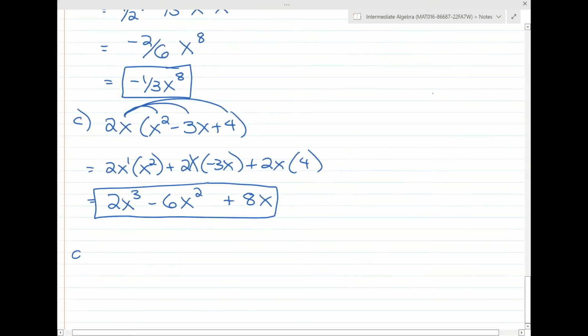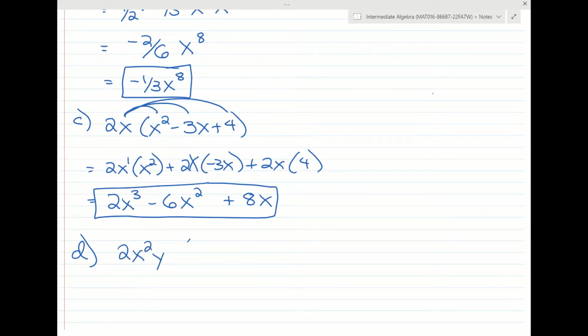Keep doing this here. What if we had 2x squared y times 3x to the third minus 4xy plus 2y squared? Similarly to before, we just distribute.